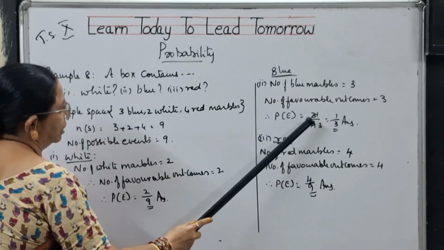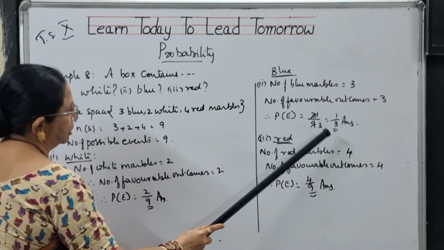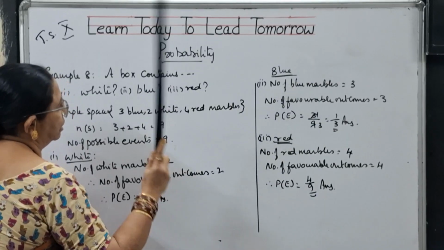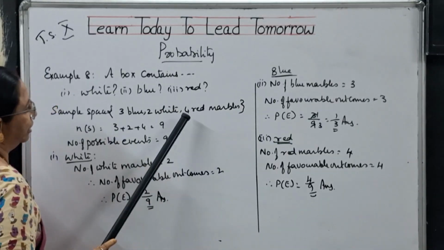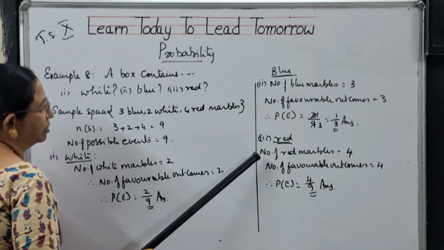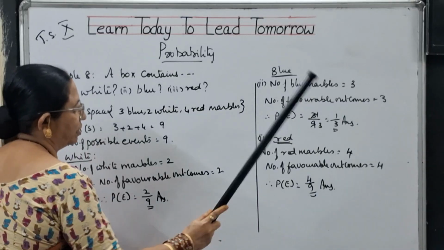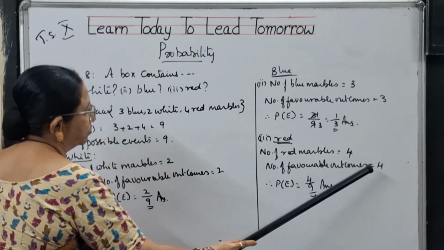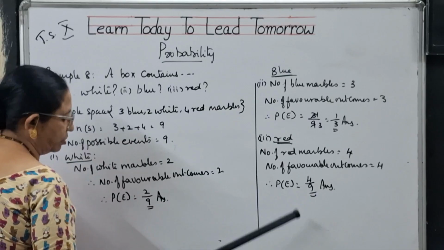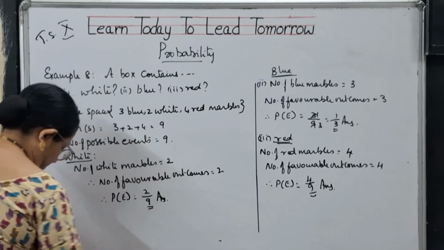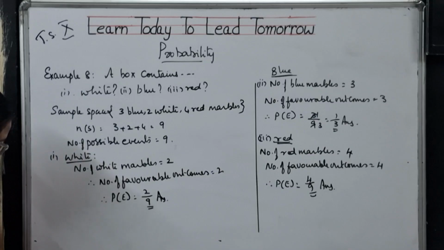Probability of event is 3 by 9, that is 1 by 3. What is this event? Getting blue marbles. Now the third one is red. How many red marbles are there? 4 red marbles are there. So favorable outcomes are 4. So probability of this event, that is getting red marbles, is 4 by 9. Please note it down, children. This is example 8.